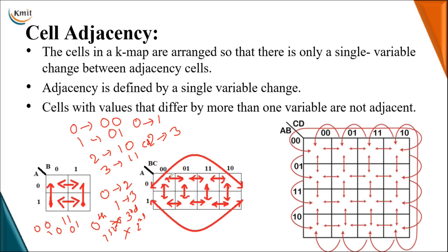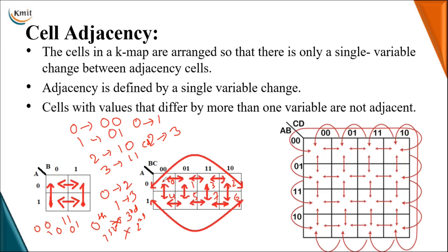In the same manner for 3 variables, 0 is adjacent to 1, 1 is adjacent to 3, 3 is adjacent to 2, 4 is adjacent to 5, 7 is adjacent to 6, 5 is adjacent to 6, and along with that 0 is adjacent to 2, 4 is adjacent to 6.